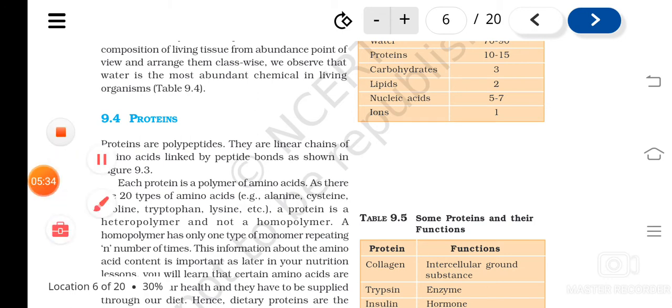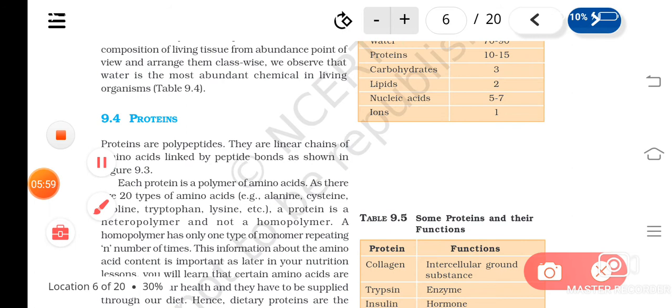I told you protein is a polymer of amino acids, and there are 20 types of amino acids. Some examples we have learned, isn't it? Alanine, glycine, cysteine, proline, tryptophan, lysine. All these are different types of amino acids, and there are 20 amino acids. Because of the presence of different amino acids, protein is always a heteropolymer.